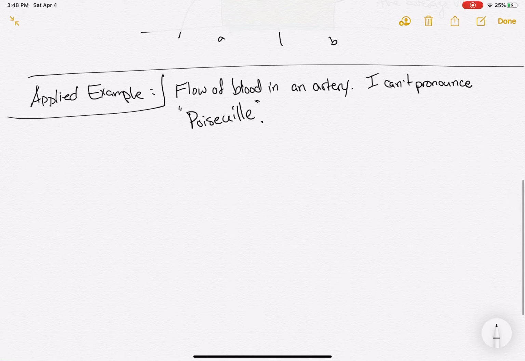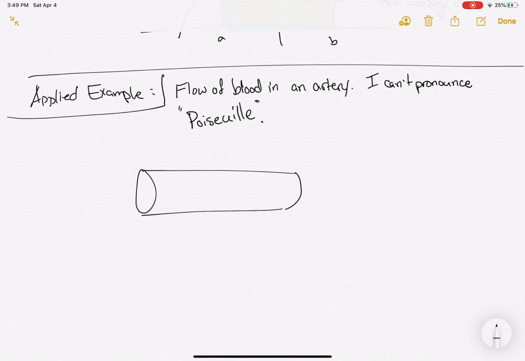So I'll draw the artery for you all. Here's an artery. It looks like a cylinder because blood is flowing through. Let's put blood in this side. Blood's coming in. We have, the artery has walls. So we have this small radius, and we also have a big radius.